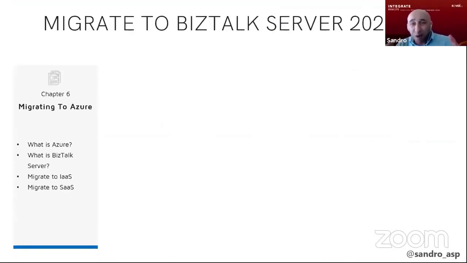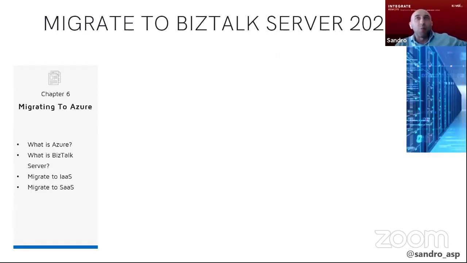And despite not being the goal of the book, the last chapter is migrating to Azure. So, what is Azure, what is BizTalk Server, migrating to infrastructure as a service or to software as a service. And actually I'm going to start in this session speaking about this topic.